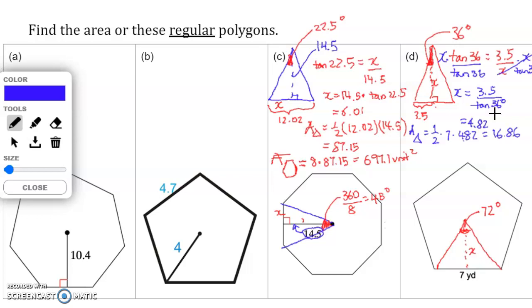So we found the area of one of the triangles to be 16.86. So the area of the pentagon is going to be 16.86 multiplied by 5, and that leaves us with 84.3 units squared.